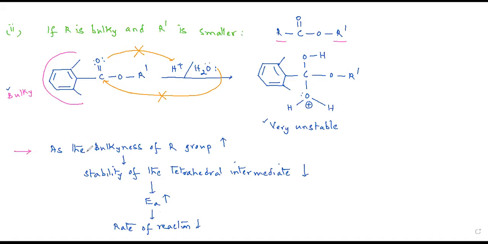So this is very important. As the bulkiness increases, stability of the intermediate decreases, activation energy increases, and finally, the rate of reaction decreases. Look at this.